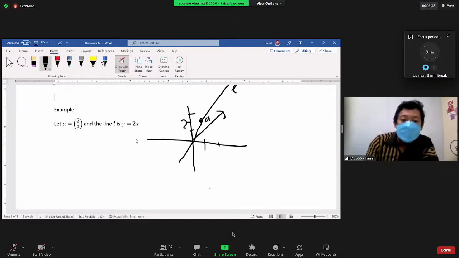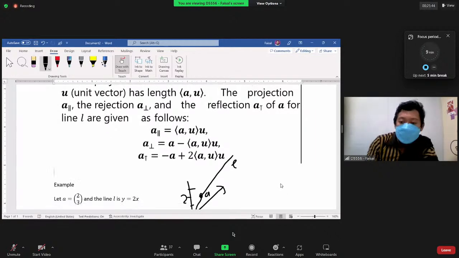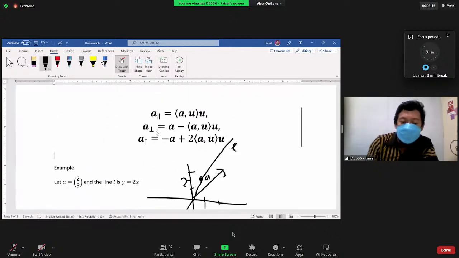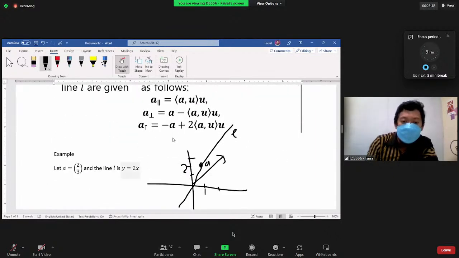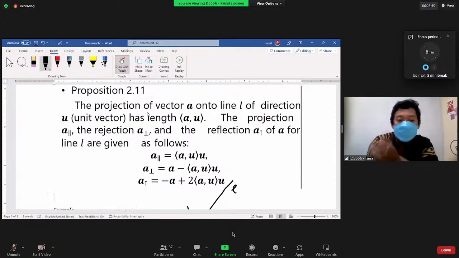But in this proposition, to complete this transformation, we must first find the direction of the line.